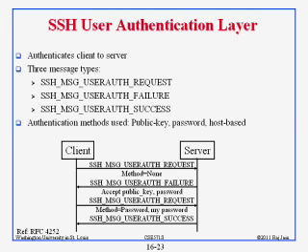The server says, you are not authenticated, but I can accept the public key or password. It gives options of two methods. Then the client says, okay, here is my password, and I am selecting the method of password. And then the server says, okay, success. So there are three messages in this protocol: request, failure, and success.